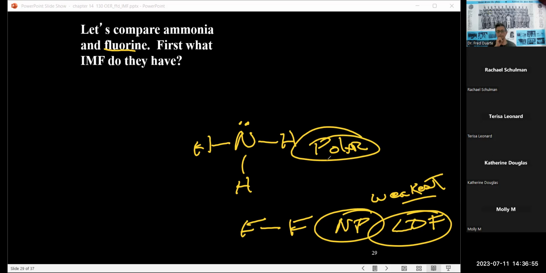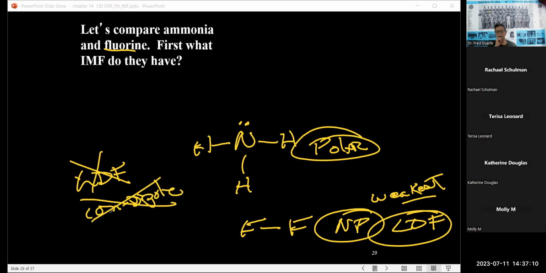Since it's polar, we can eliminate London dispersion forces. We can eliminate ion-dipole, because there's no mention here of ions. So what's left is dipole-dipole or hydrogen bonding.